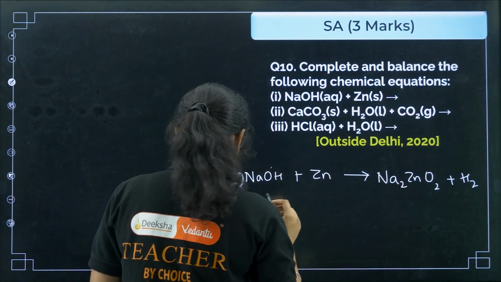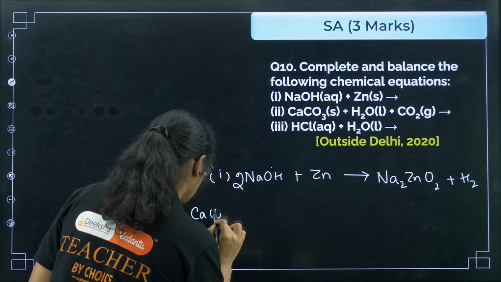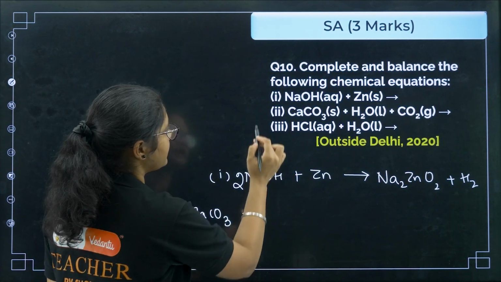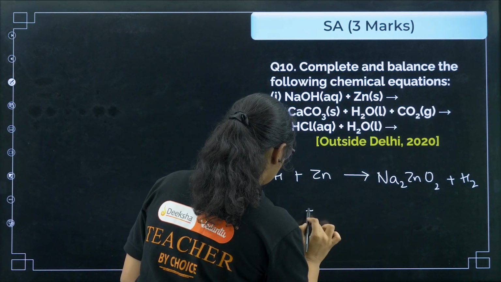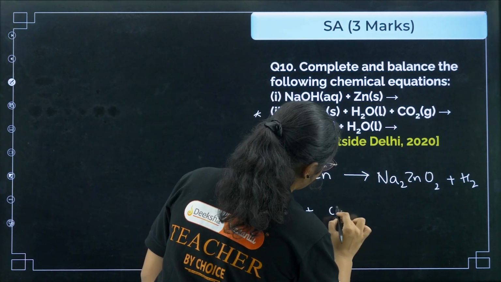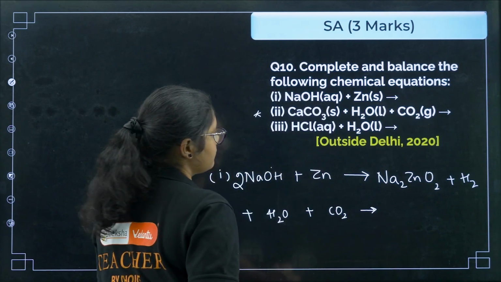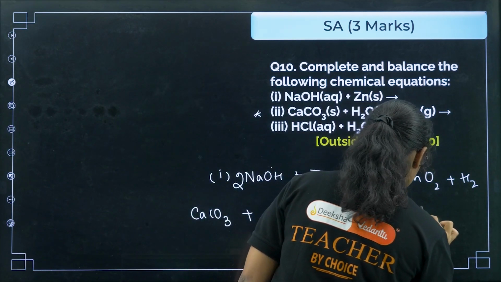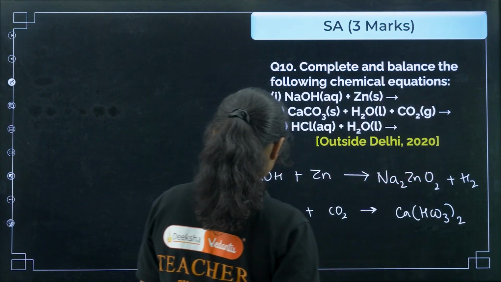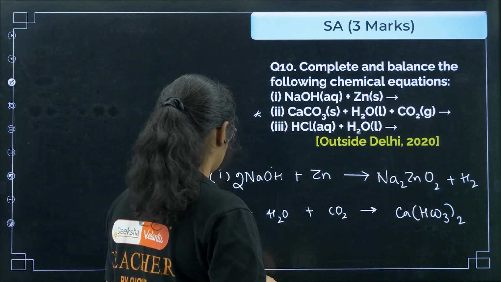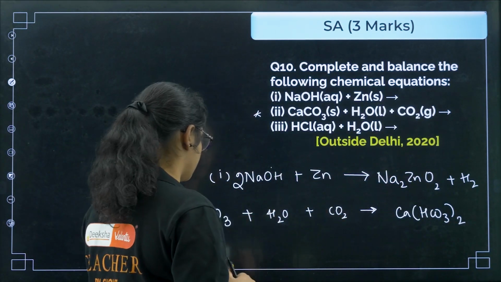Next you have calcium carbonate, plus, this reaction is important, plus H2O plus CO2. This one will give you product of calcium bicarbonate. Let us see whether it is balanced or not. You have one carbon, calcium.